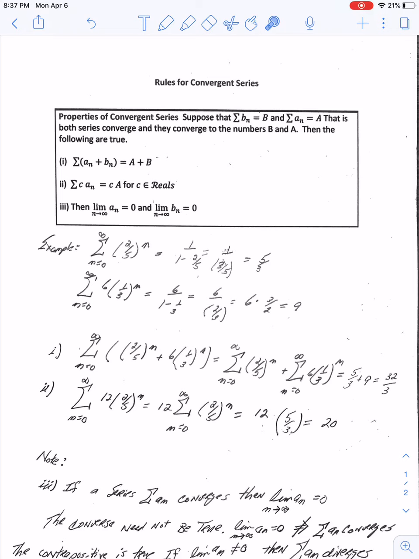By the same token, if the series Bn converges to B, then the limit of the nth term has to be 0. Now you have to be careful because the converse of that statement isn't necessarily true. That is, just because the limit of the ANs is 0 doesn't mean the series converges.